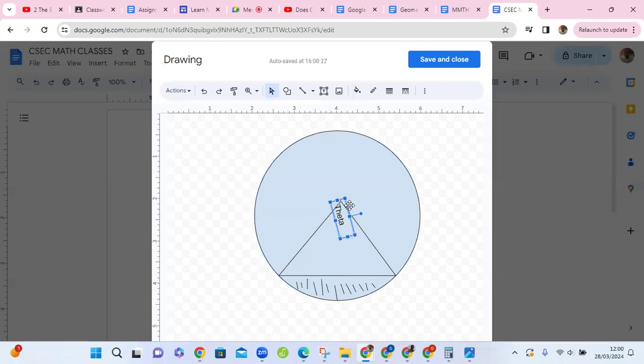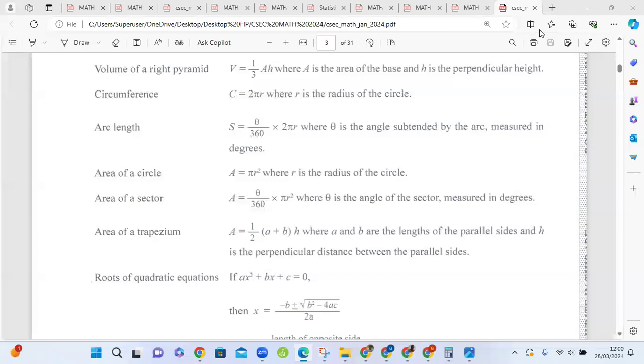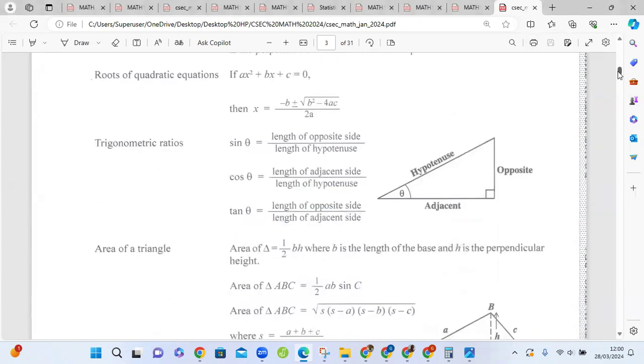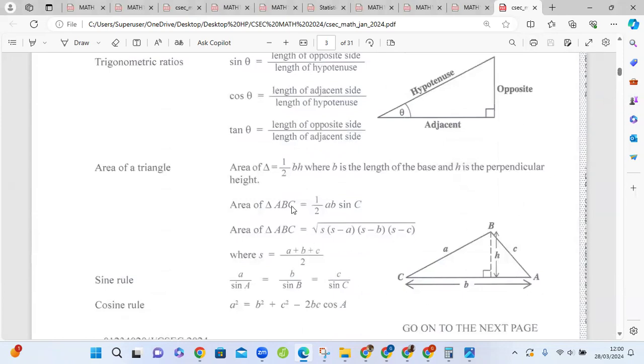So let's go to the list of formulas. The area of a sector is theta over 360 times pi r squared, where theta is the angle of the sector measured in degrees. And for the area of a triangle, there are three formulas. Half base times height, if you have the vertical height. Half AB sine theta.